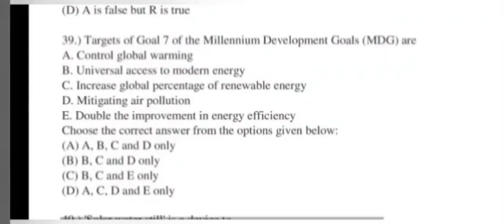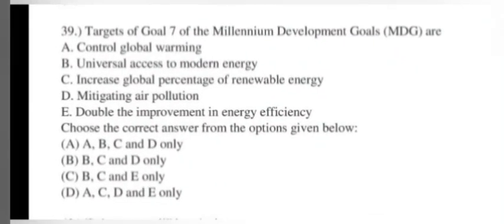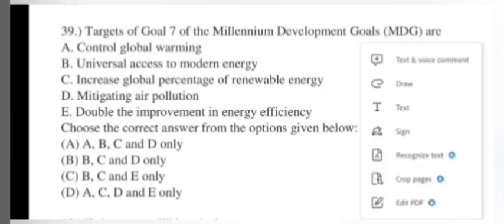39 says targets of goal 7 of the Millennium Development Goals MDG are what? ABCDE. Control global warming, universal access to modern energy, increase global percentage of renewable energy, mitigating air pollution, double the improvement in energy efficiency. ABCD, BCD, BCE, ACD. 39 correct option for this question, it will be BCD.